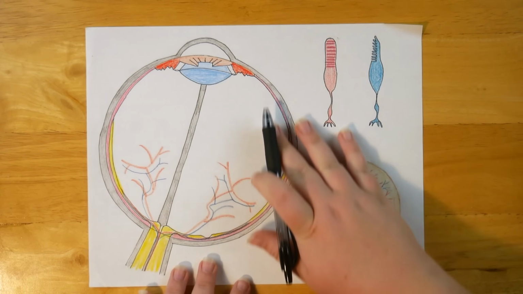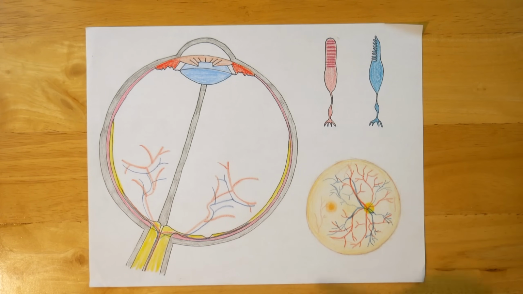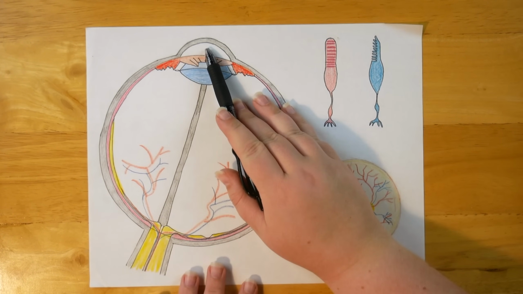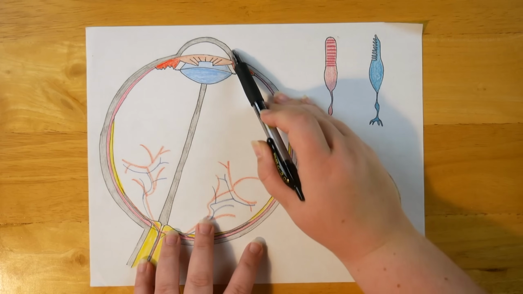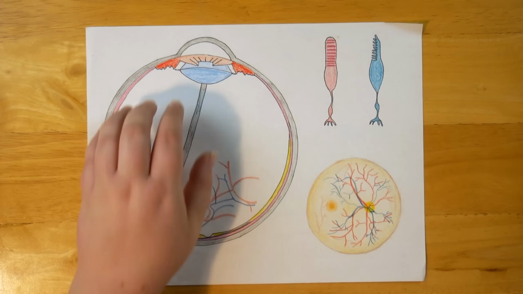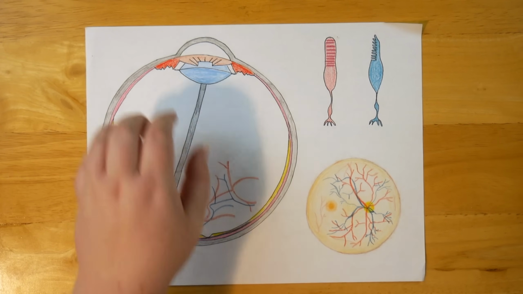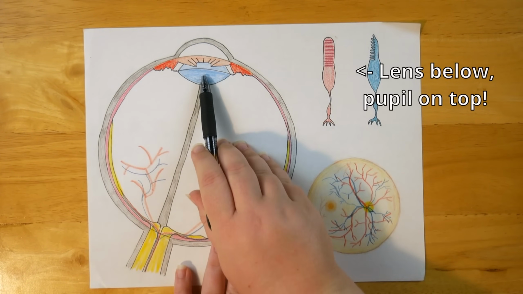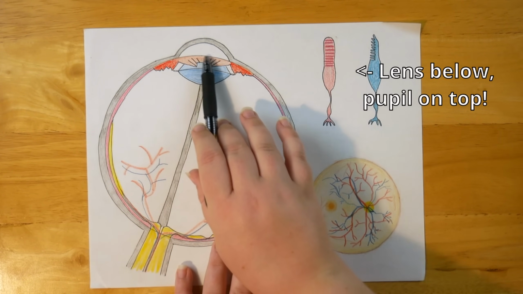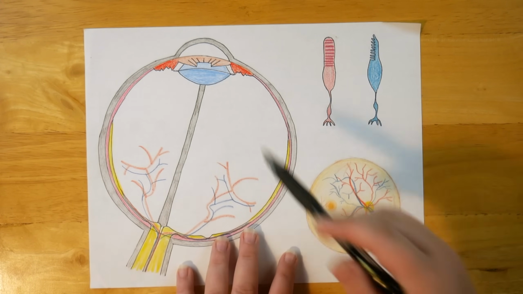And here we have quite a few things going on. So let's start right in here. We have the cornea right here, and this little empty space. This is our anterior chamber that has the aqueous humor in it. We have the pupil. We have the iris, which is the colored part of the eye there.